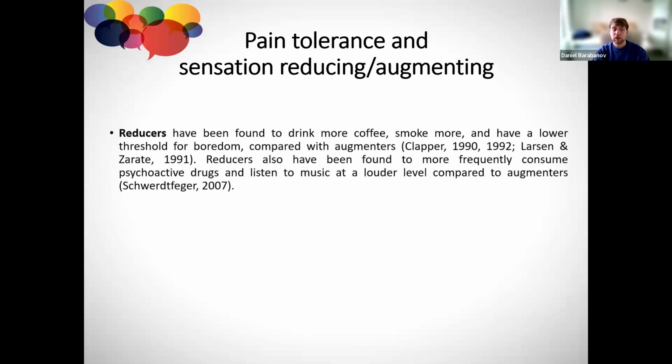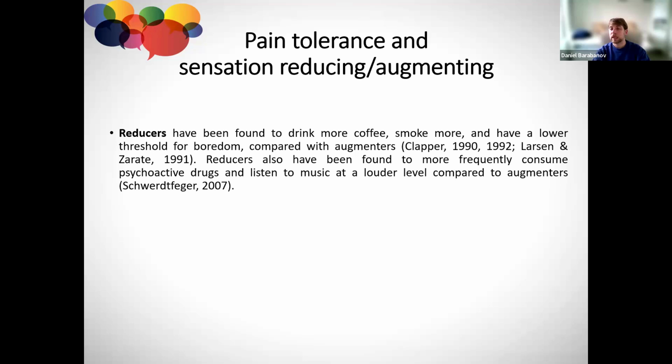So people who are high on pain tolerance, or so-called reducers, were found to drink more coffee, smoke more, and have a lower threshold for boredom compared with augmenters.